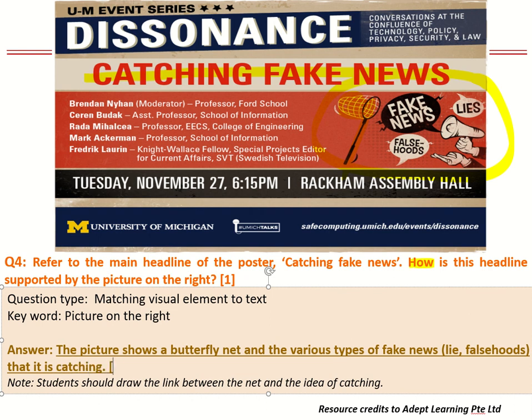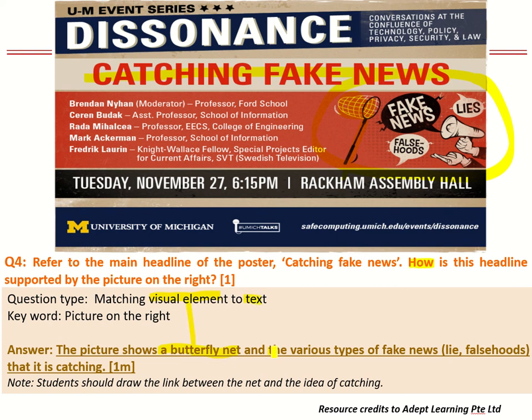Actually, it's not that difficult to do this type of question. How to actually do it? First, you need to identify what is the picture. Say explicitly what this visual element is. So the visual element is the butterfly net. You need to match that. And then what's the text here?